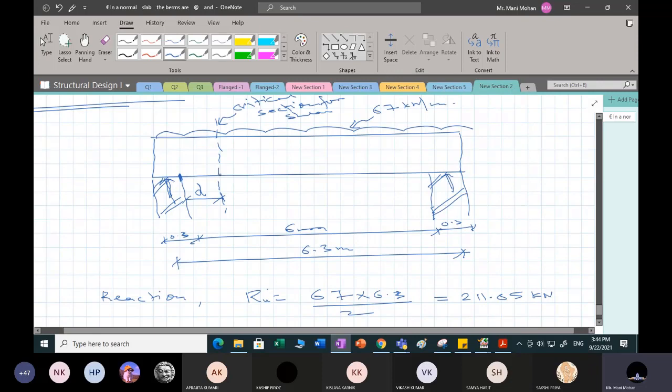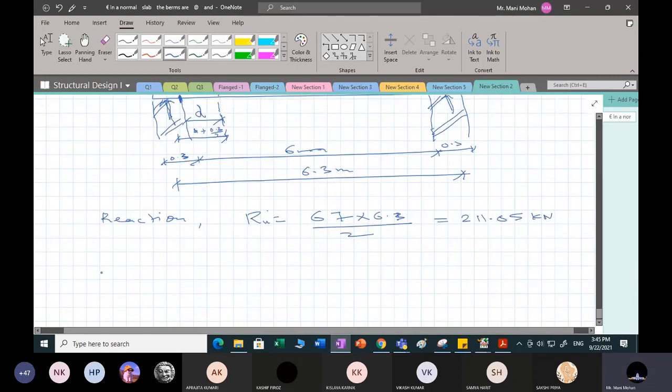But I would like to know what is the shear force at the critical section, which is placed at a distance d from the support. So basically you can say at section XX, what is the shear force? So this section X is located at d plus 0.3 by 2. Okay, d plus 0.3 by 2.